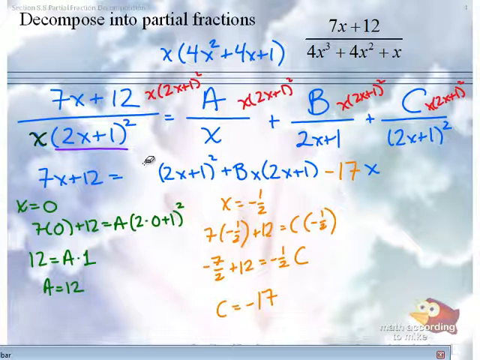Put your A in. And now pick a number that is not 0 nor negative 1/2, because that would make the B term go away. We can pick 1. So picking 1, on the left would give us 19.